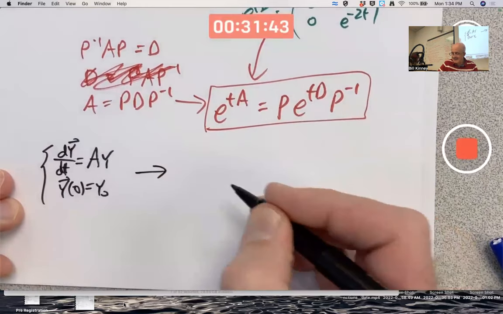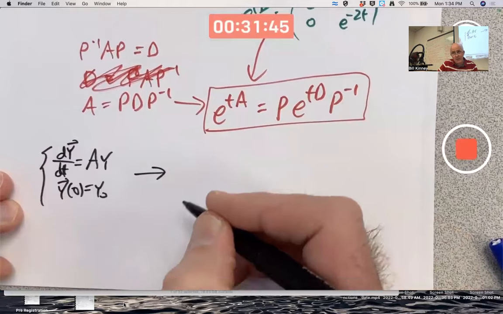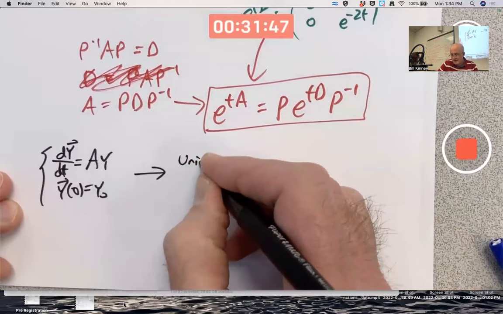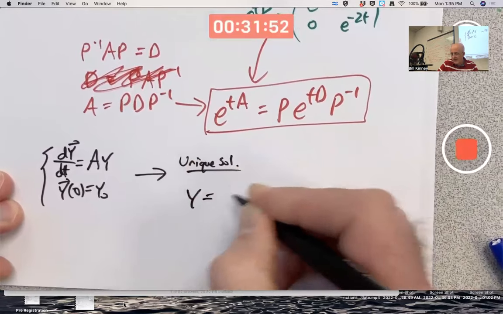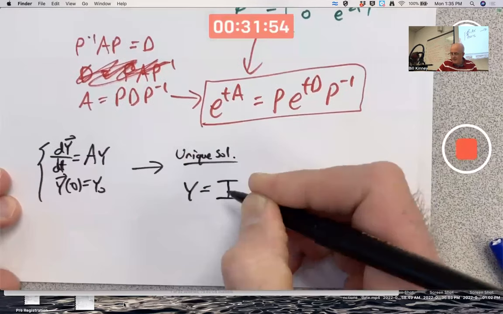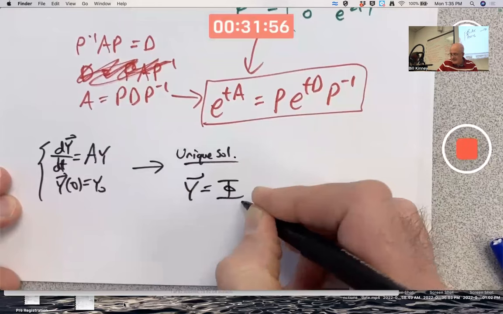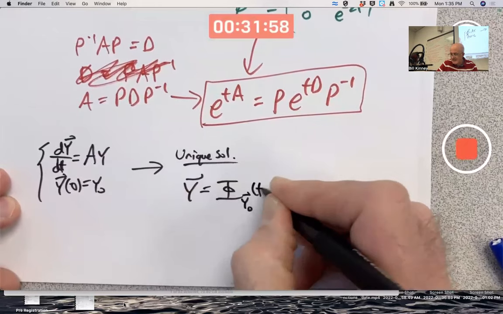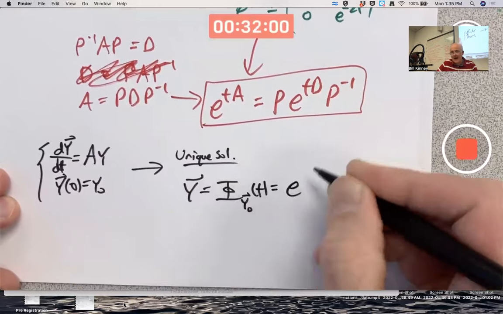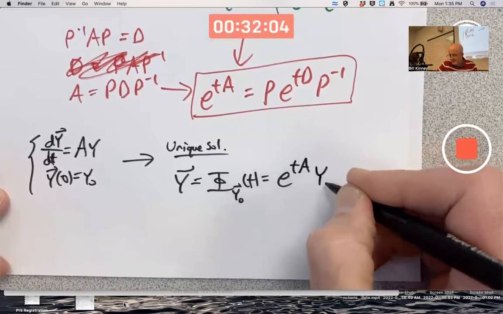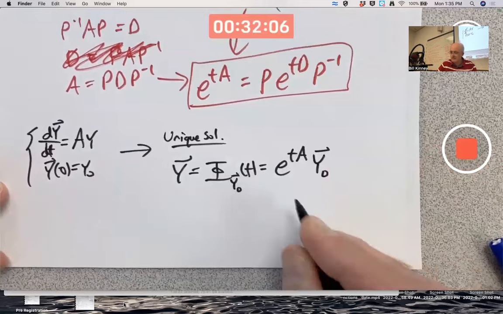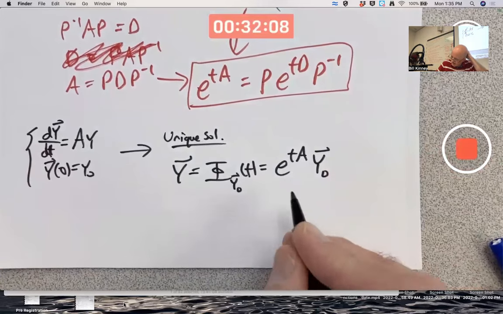It's got a unique solution, not a general solution, a unique solution. y equals, I'll go ahead and use capital phi sub y0 of t, equals e to the ta this time. That's actually more how I do it in the lectures.